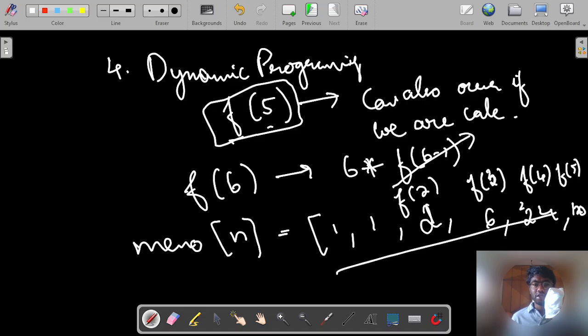So we can simply cache out all these values, and we can use these previous values to calculate the next one. So that's the whole idea with dynamic programming.